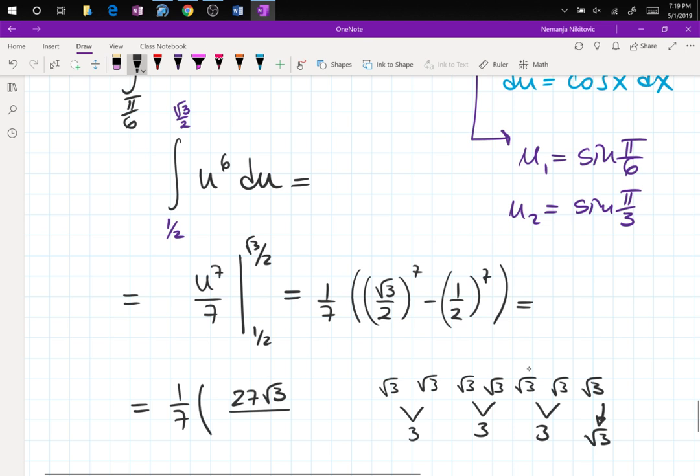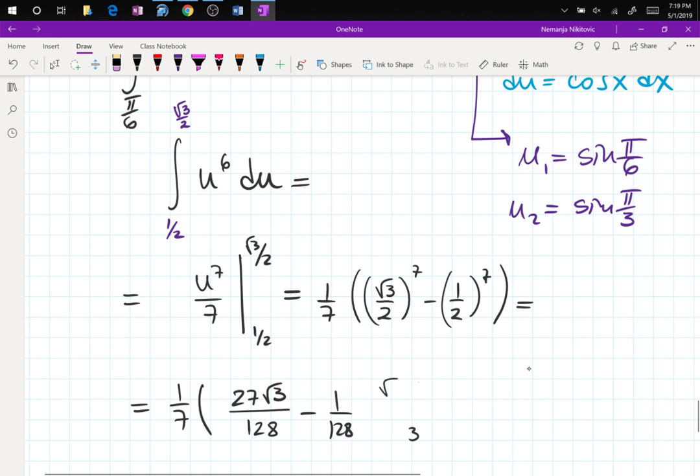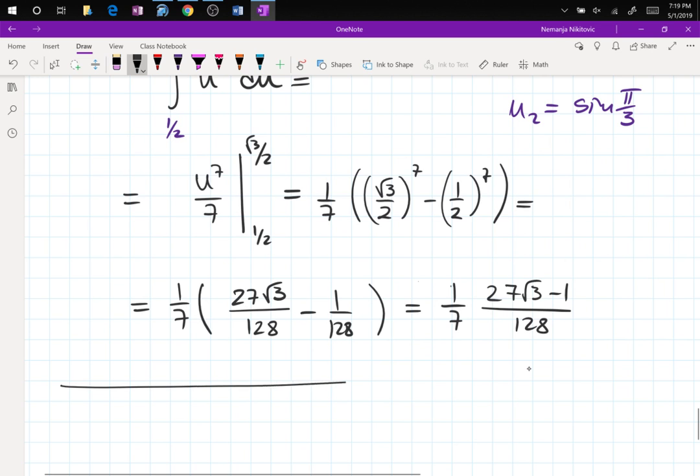Divided by 2 to the 7. 2, 4, 8, 16, 32, 64, 128. Minus 1 over 128. Is equal to 1 over 7 times 27 root 3 over 128, minus 1 over 128. You can multiply this. Next problem.